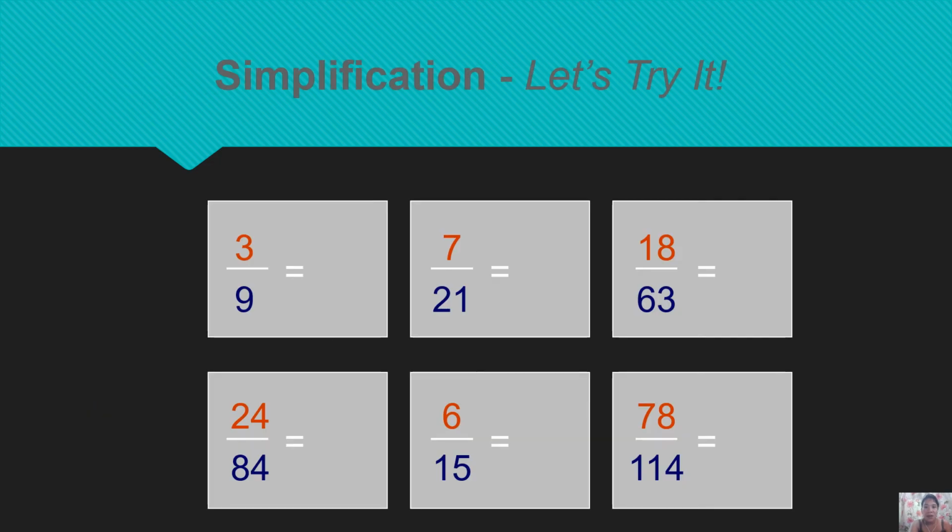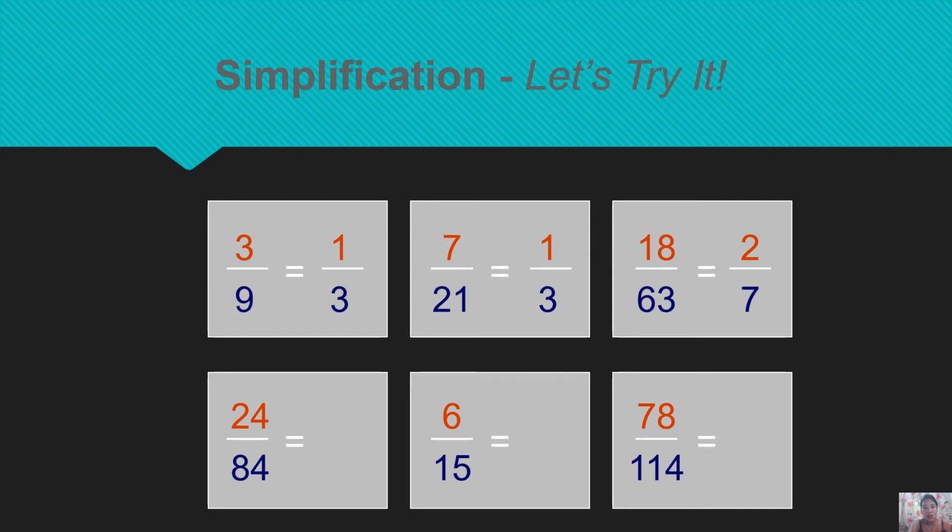Very good. Now let's try to simplify. What is the simplified form of 3 over 9? Okay, very good. How about 7 over 21? Yes. How about the simplest form of 18 over 63? Okay.